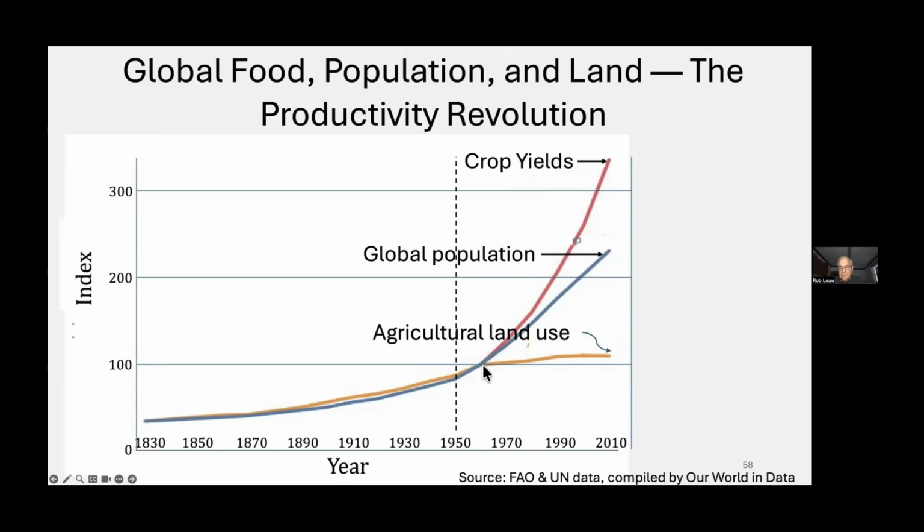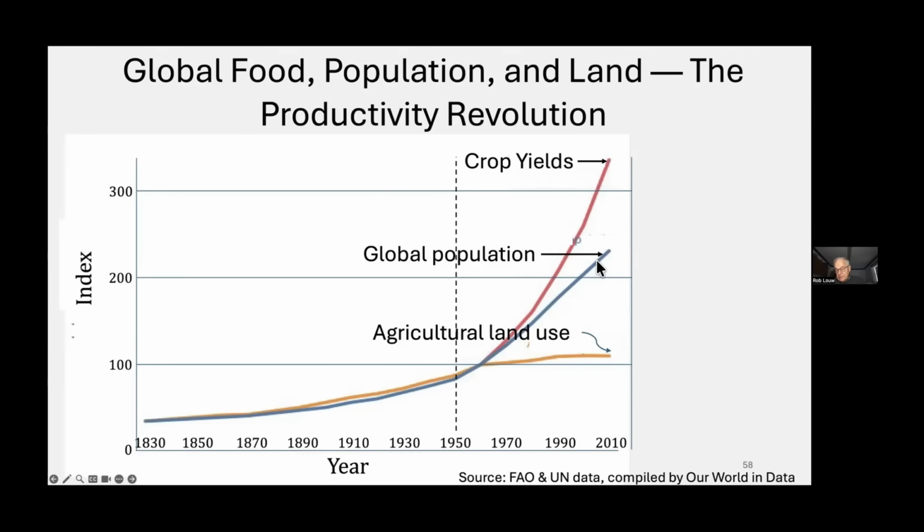At the same time, the amount of land that is being used to produce those crops has hardly increased at all. So what this means is that we're getting massively more efficient crop yields or production, which for the time being at least is comfortable in terms of feeding a rising global population, which you see on this curve here.